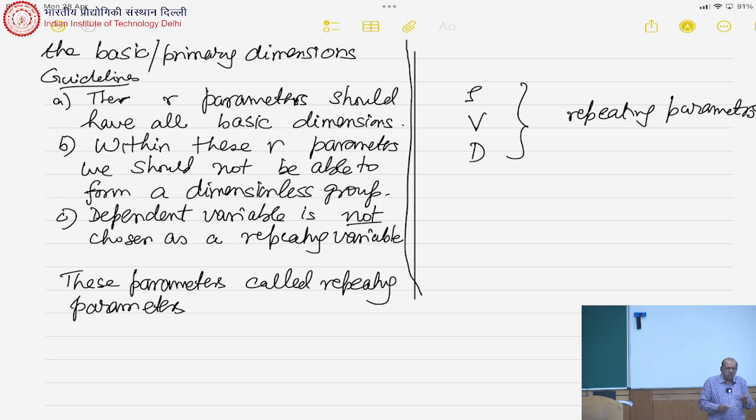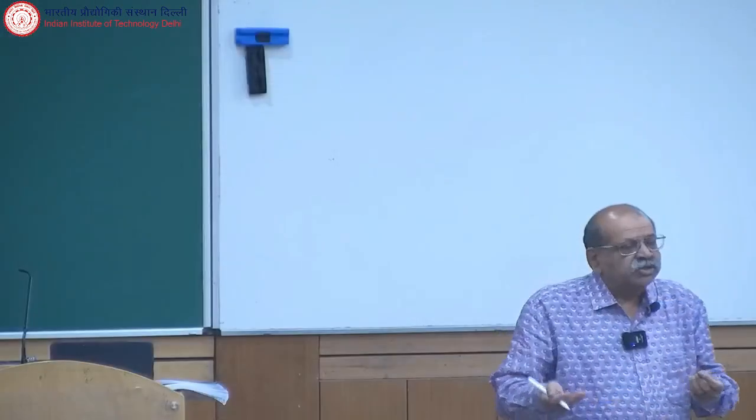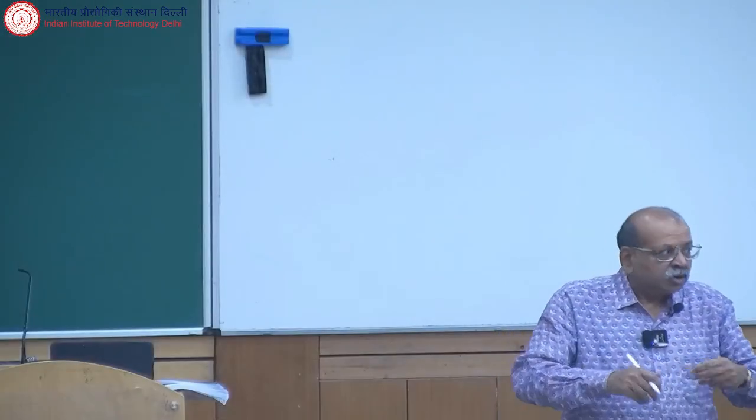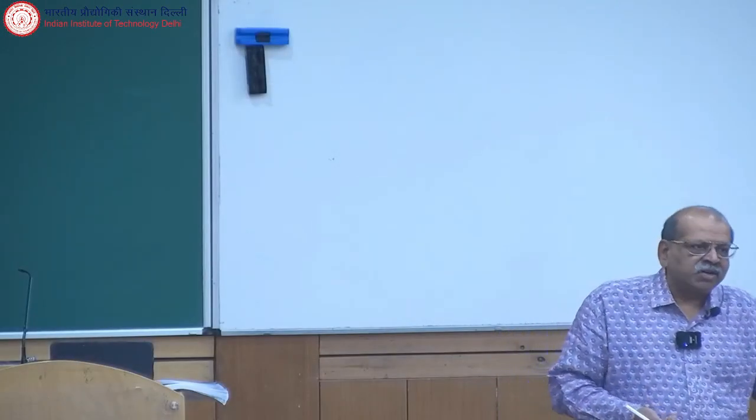Always try to choose the simple parameters if they are there. So D becomes one obvious choice. Time comes in because of velocity, which is L by T. To get mass, I will need either rho or mu.